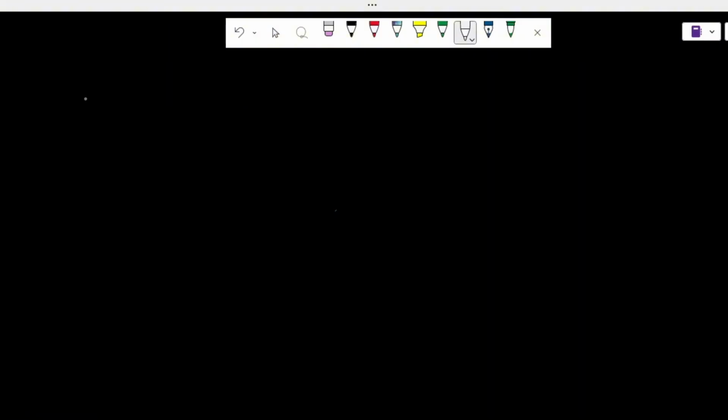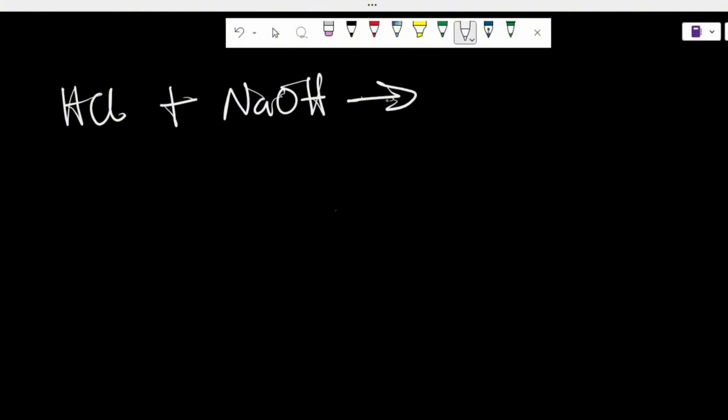Let's say that we have hydrochloric acid reacting with sodium hydroxide, and this is a neutralization reaction giving us sodium chloride plus water.